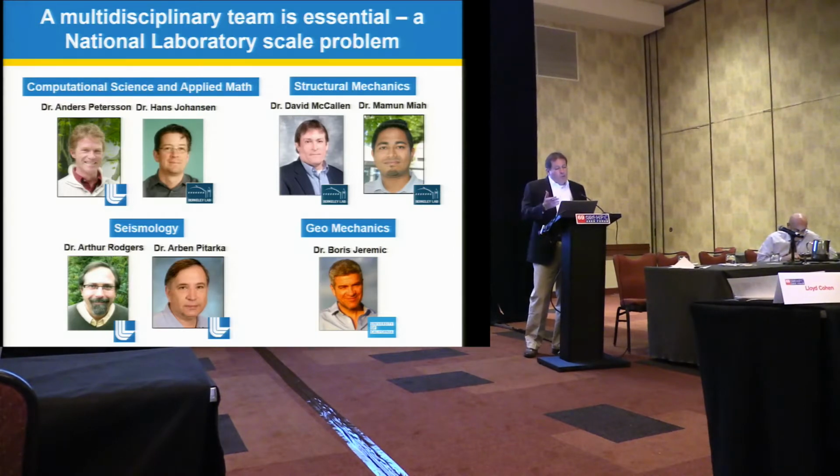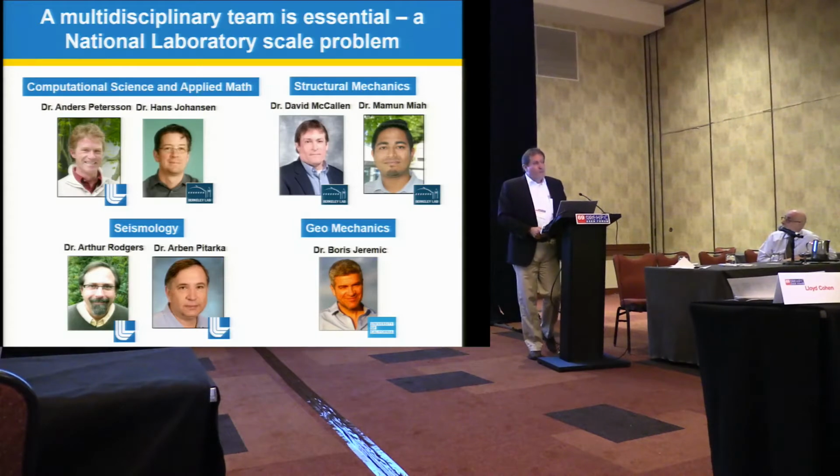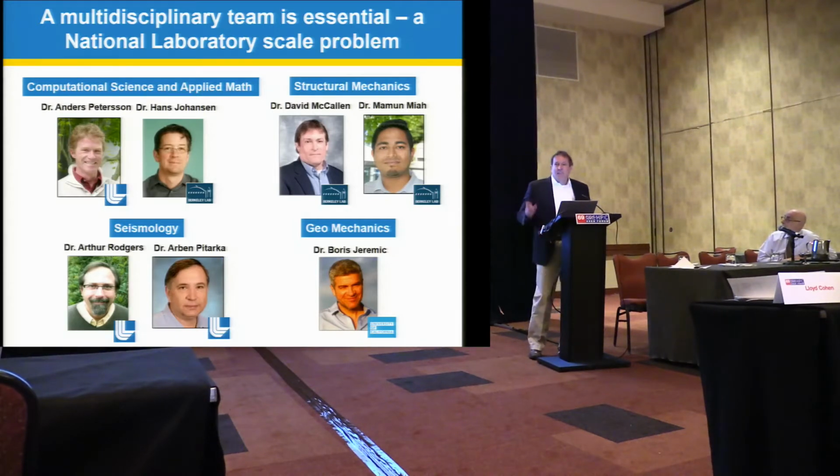So I put Anders Petersen and Hans Johansson first. They are applied mathematicians / computer scientists. They are central. All the discipline people you see around the outside know where they want to go and what they want to do. The computational scientists are key to helping us know how to get there and exploit these emerging capabilities. So both in terms of algorithms and machines, they're absolutely essential.